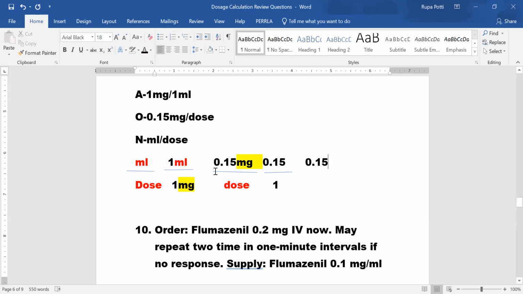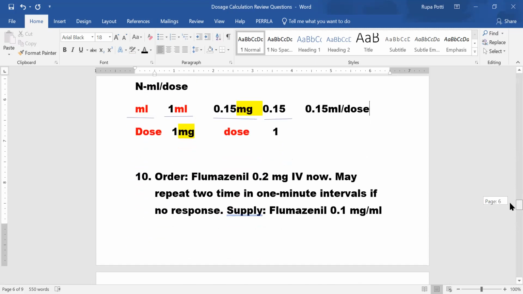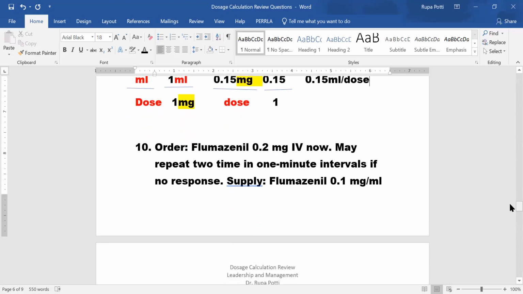And what is that 0.15? The remaining units that I have is ml per dose, right? So this will be my answer.